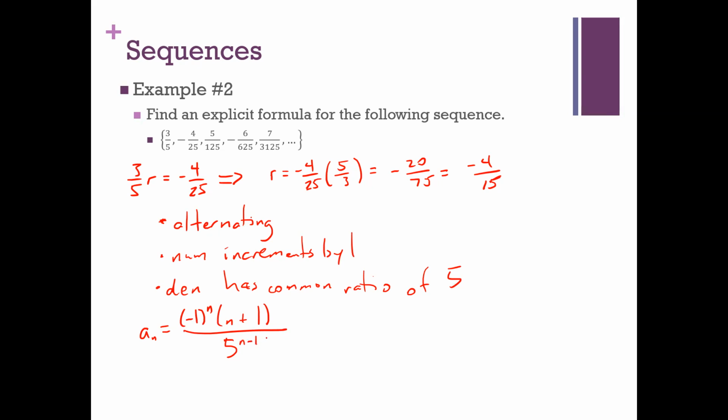So a couple things I need to define this. There's my formula, but I also need to be specific about something else. I need to say that this sequence starts where? All right. We think this is good.